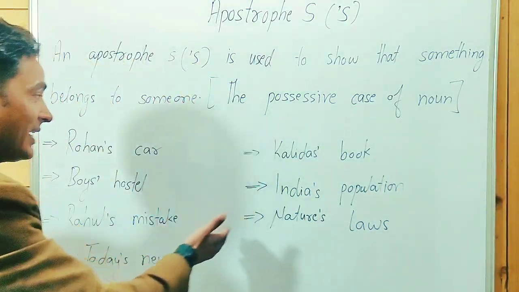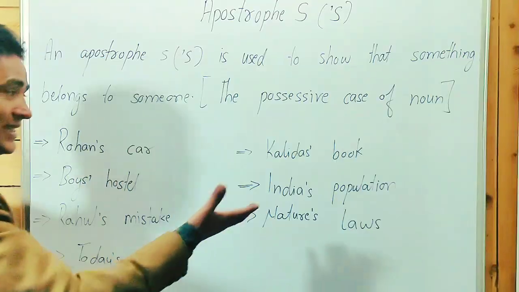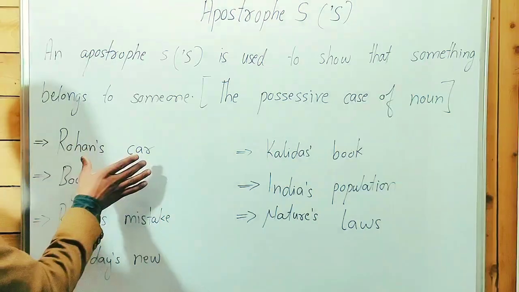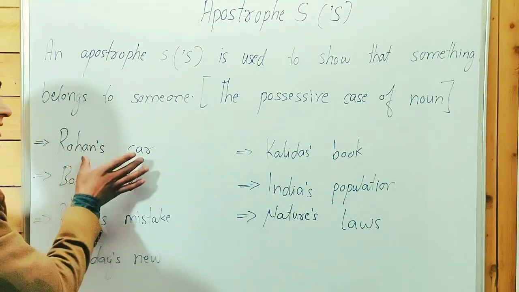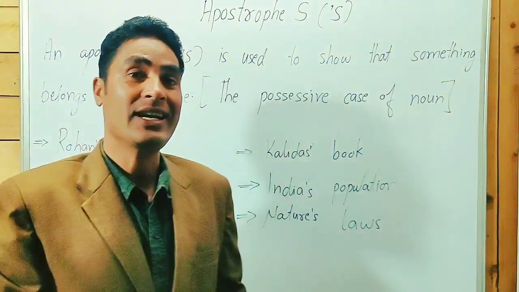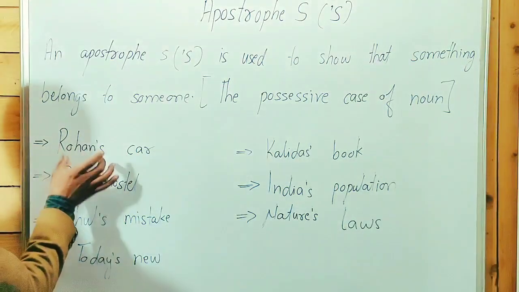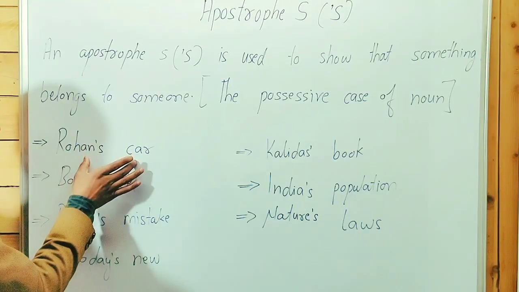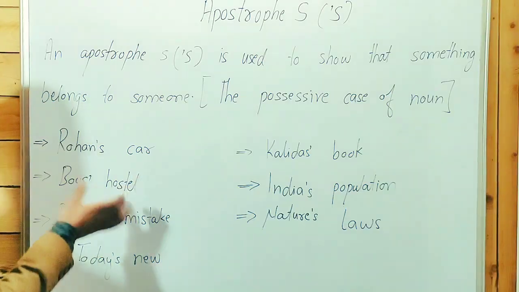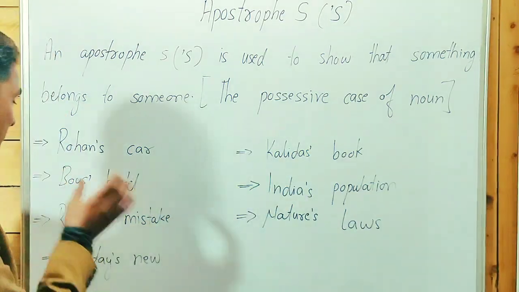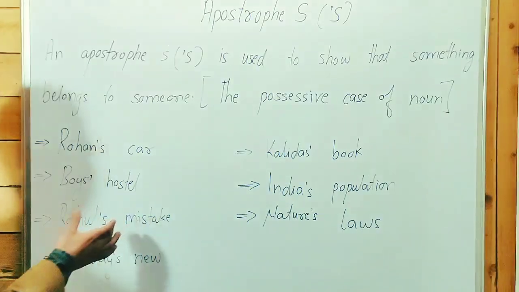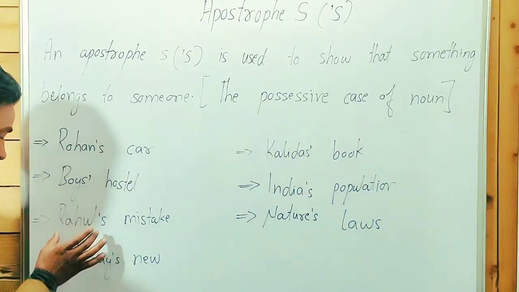In the next slide, we will see some examples of how to change this apostrophe s structure into the of structure. What do I mean by that? This phrase, Rohan's car, can we write the car of Rohan? Boys' hostel, can we write the hostel of boys?